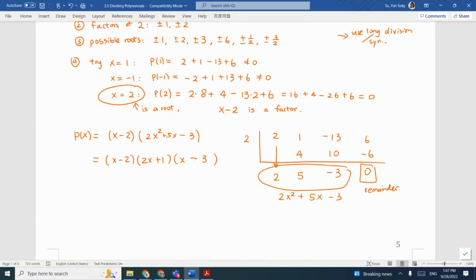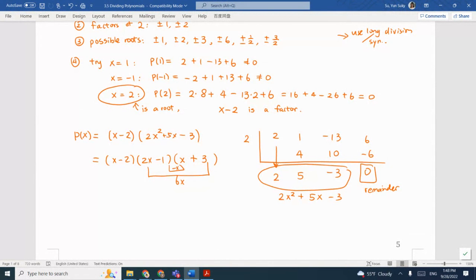Negative 3, they are 1 and negative 3, or negative 1 and 3. But if you put it here, do I miss the sign? I should put the sign. See, sometimes I make mistakes too. And then we have 6x and minus x. That's why we get 5x. So this is the factorization.